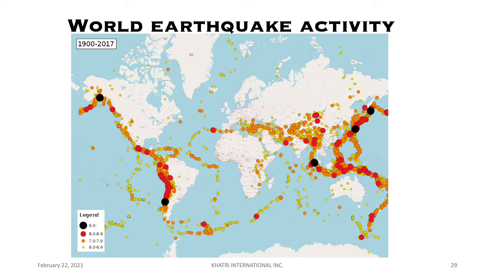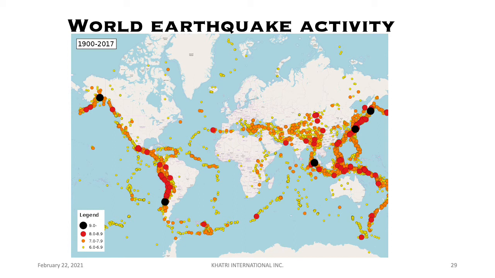But you can see the magnitude of earthquakes here over the past 100 years and where they've been concentrated. Alaska definitely gets more than its fair share, and so does Japan. But California is not too far behind, and Mexico and Latin America have definitely gotten more than their fair share. But there are many areas across the world that are subjected to earthquakes.